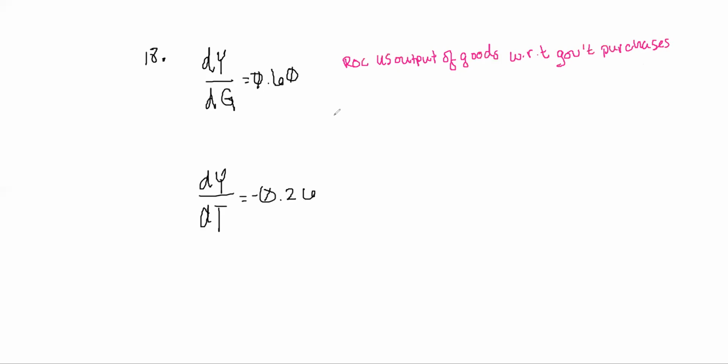And what we're saying here is that Y is going to be a function of G. I don't really understand how the government works, so I'm not sure if that entirely logically makes sense, but mathematically, that's what it's got to be. So there is a function y of g, and when you find the derivative of that, it's going to equal 0.16.